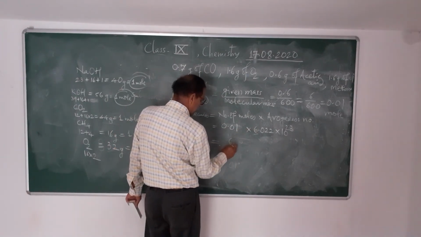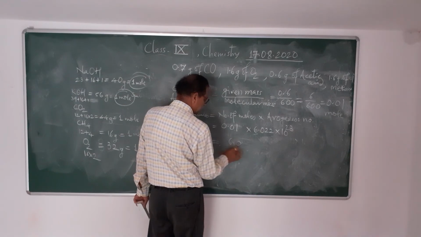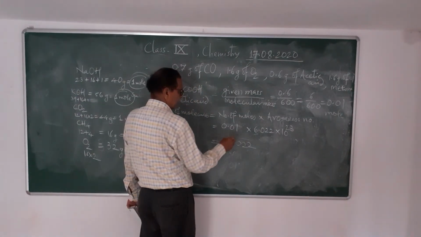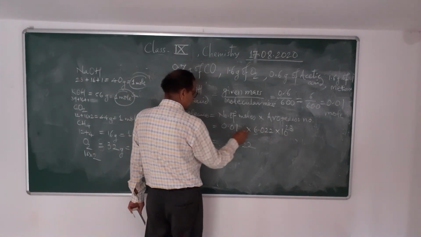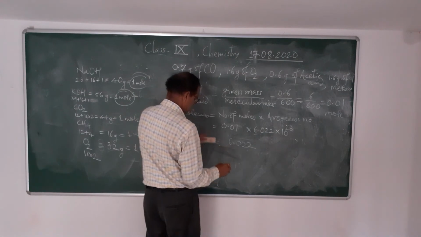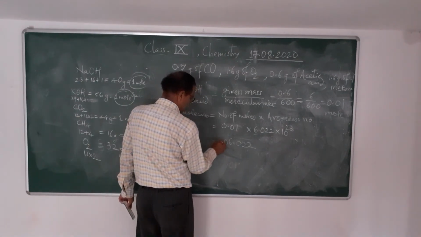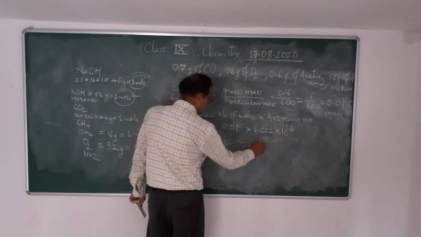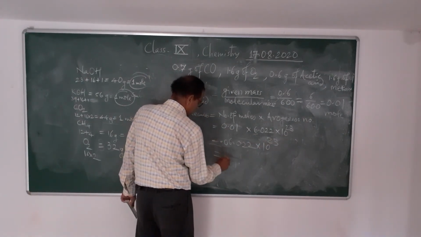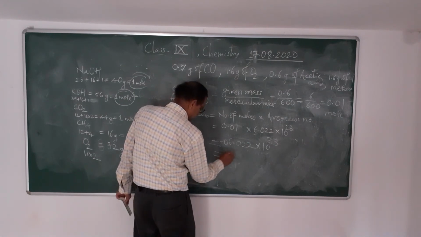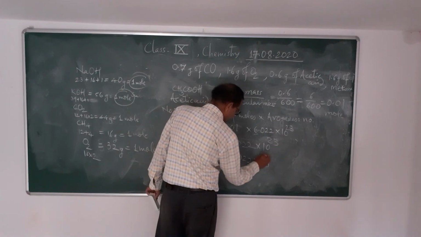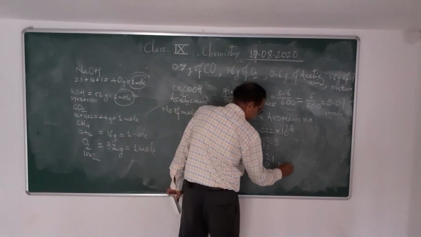Counting the decimal places, 0.06022 into 10 raised to power 23 is equal to 6.022 into 10 raised to power 21 molecules.